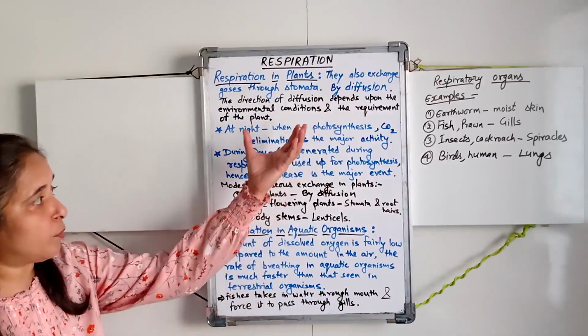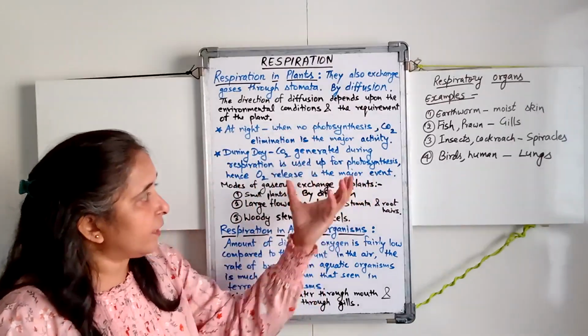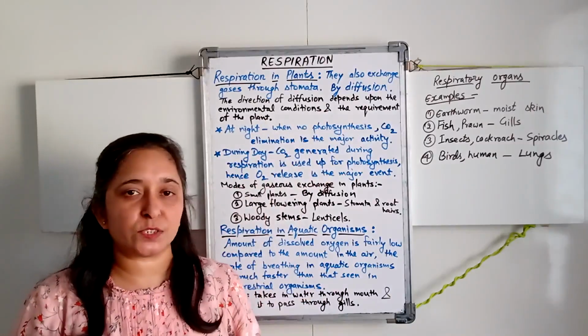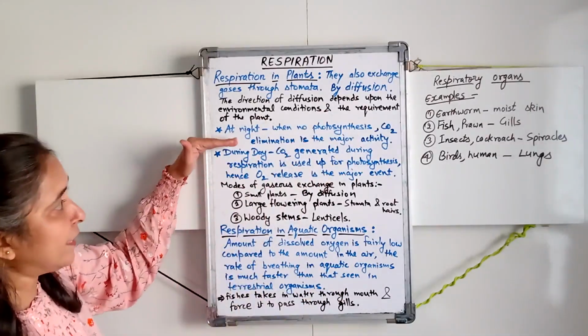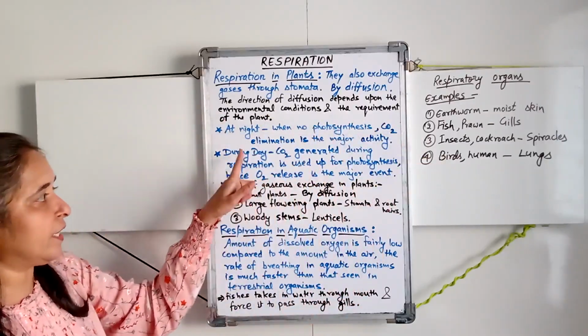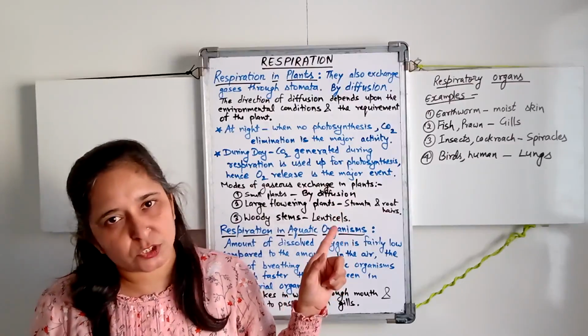So that depends upon the environmental condition and the requirement of the plant. The exchange of gases will take place. So during the night time carbon dioxide elimination is a major activity and during daytime oxygen release is the major activity.